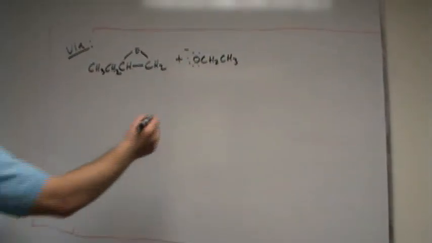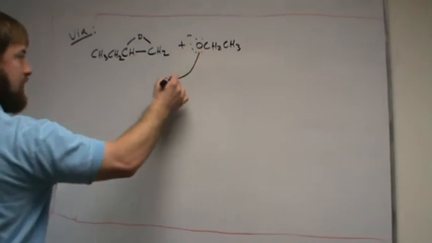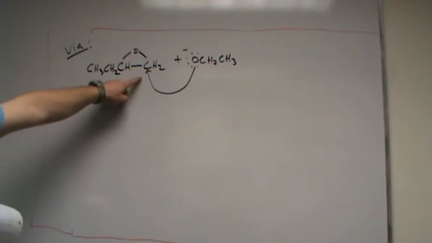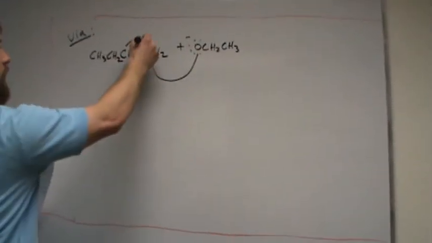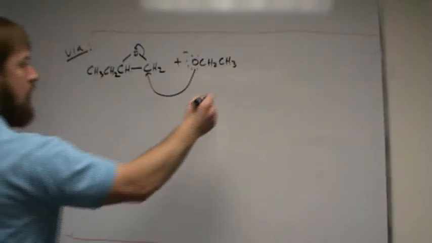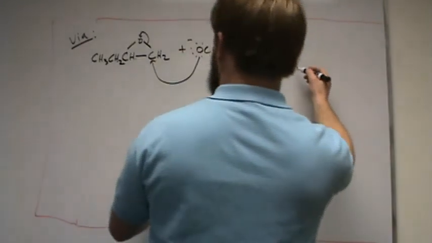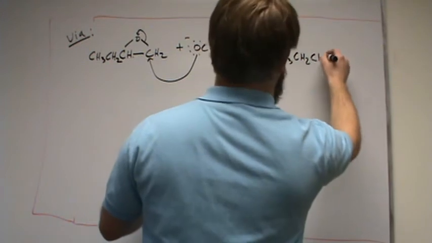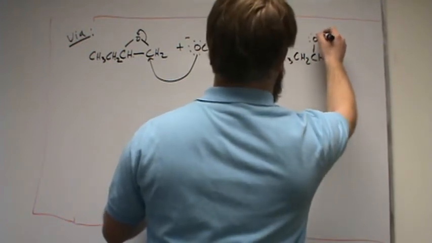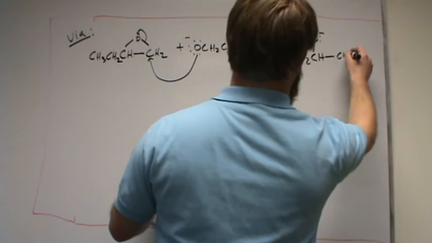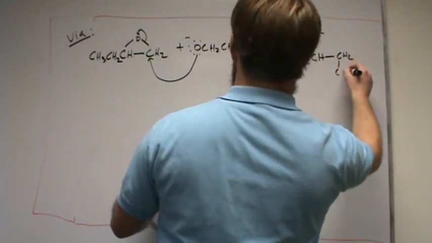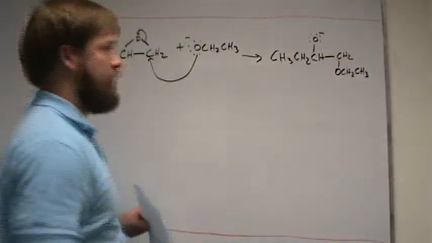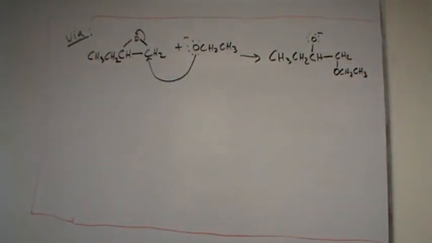Okay, so SN2, my nucleophile will attack the carbon to form a new oxygen-carbon bond at the least hindered site. That will cause the epoxide to open up. And the immediate product from this reaction will be this.